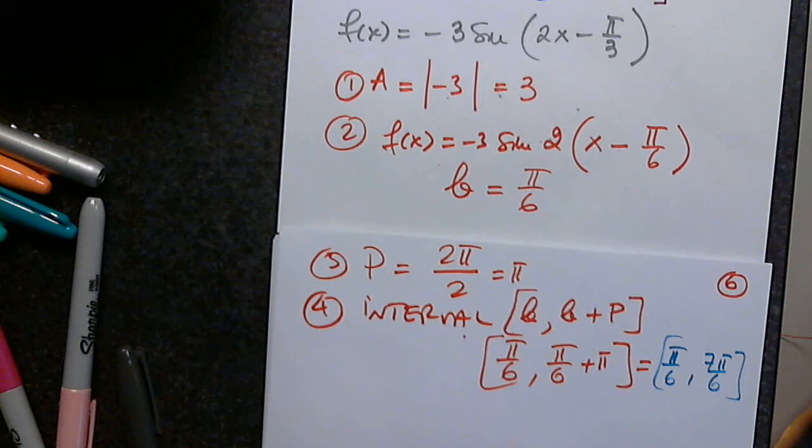The rightmost point for the window is 7 pi over 6. Good. With a scale of pi over 6 now. It's tiny. Pi divided by 6. How high? 3. Good. So I'm going to put -4 to +4 with a scale of 1. And when I hit graph, I should see a complete graph and nothing else.